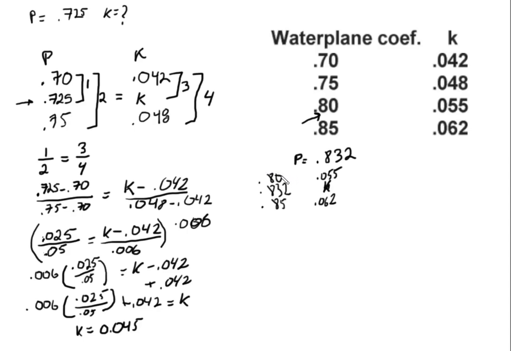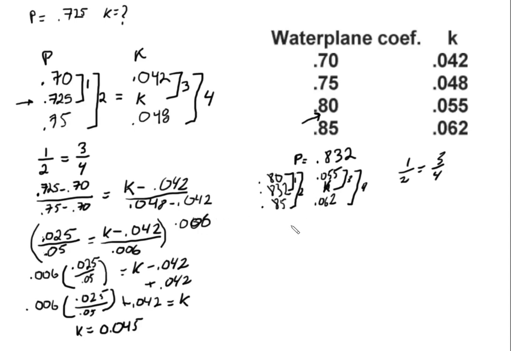I'm going to do the same thing again. I've got my 1, 2, 3 and 4, so 1 divided by 2 equals 3 divided by 4. That's messy, but I hope you can figure it out.